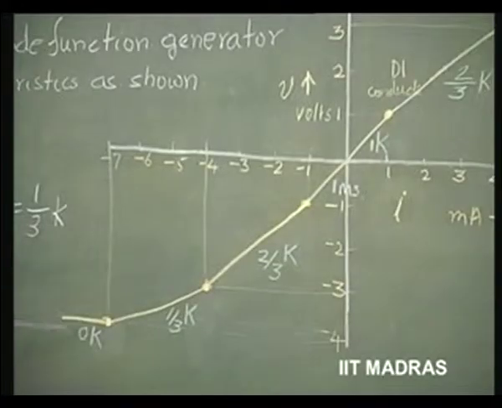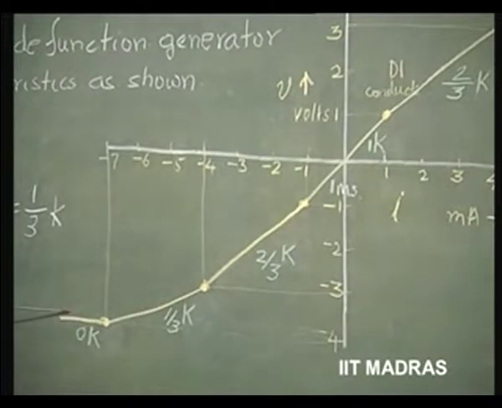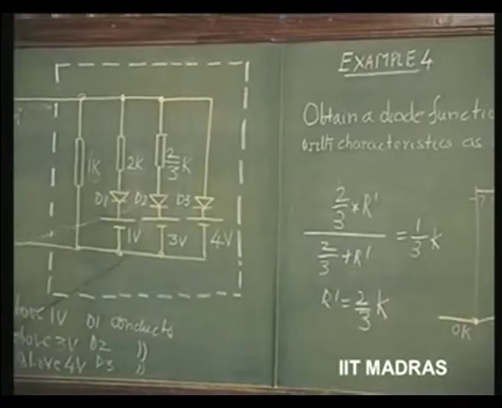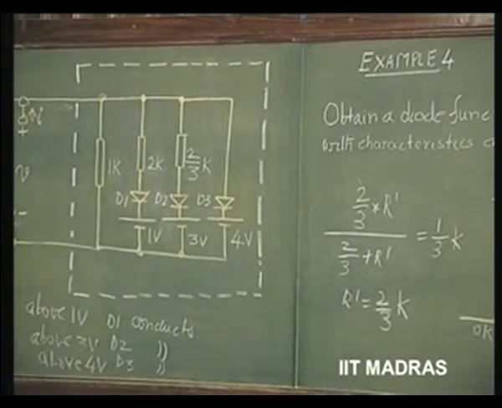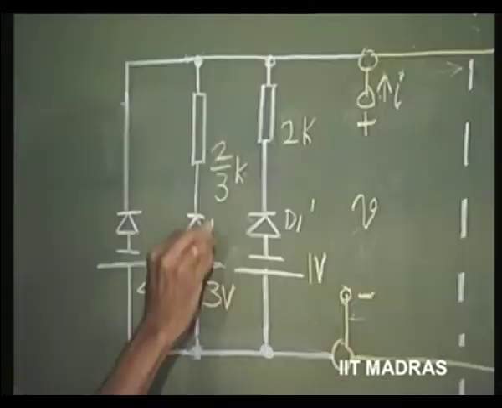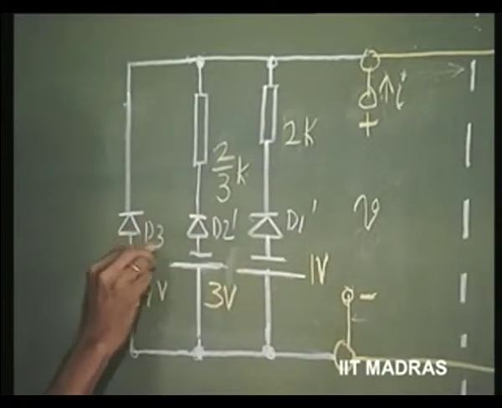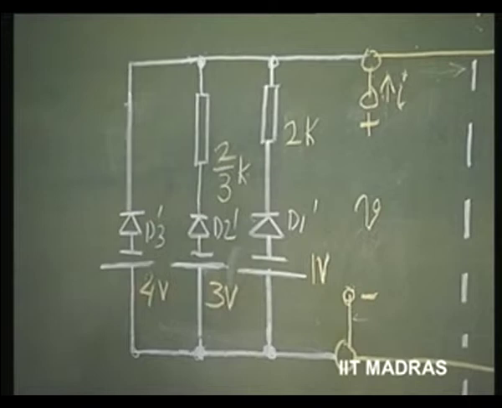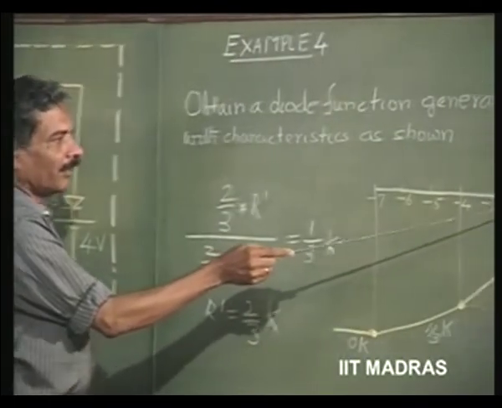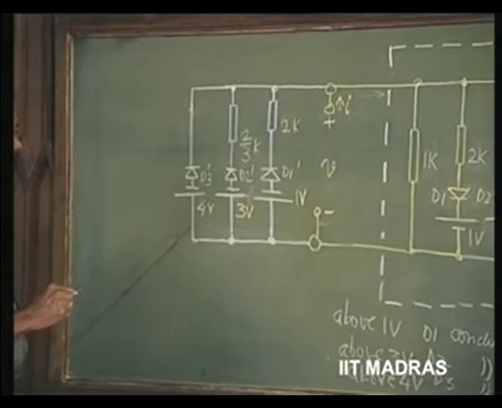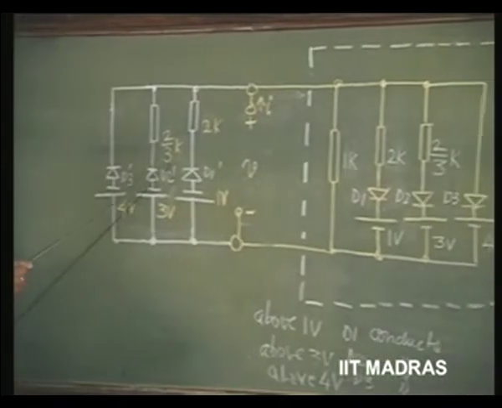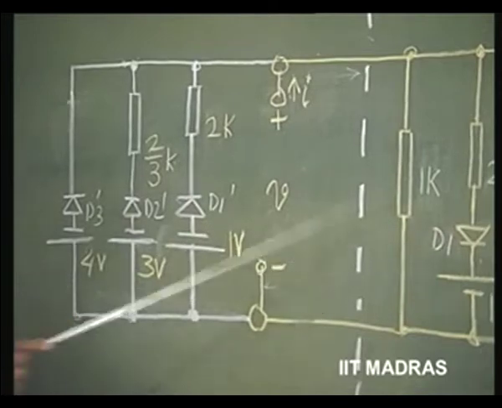That means we can obtain this portion of the characteristic using a similar set of diodes, D1 prime, D2 prime and D3 prime. I am putting it onto this side, with voltages minus 1 volt, minus 3 volts and minus 4 volts, and diodes put in the opposite direction to D1, D2, D3.